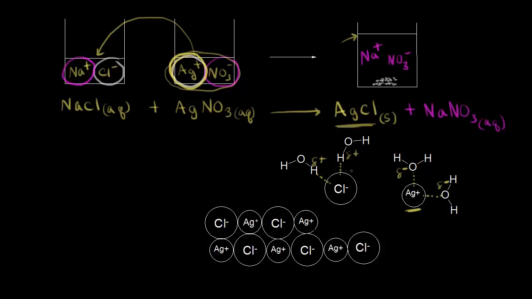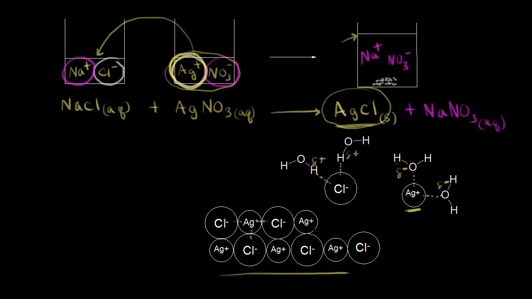But when we pour those two solutions together, right, we form our precipitate. We form silver chloride, right? We form this ionic crystal down here. And once again, opposite charges attract. So the positively charged silver cation is attracted to the negatively charged chloride anion here.